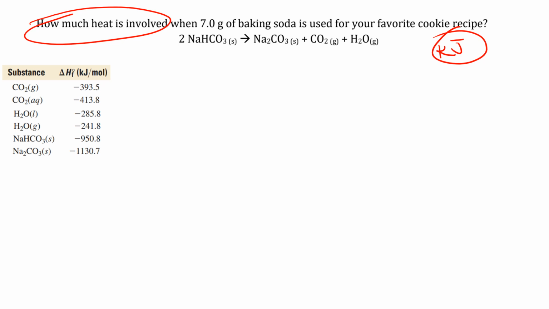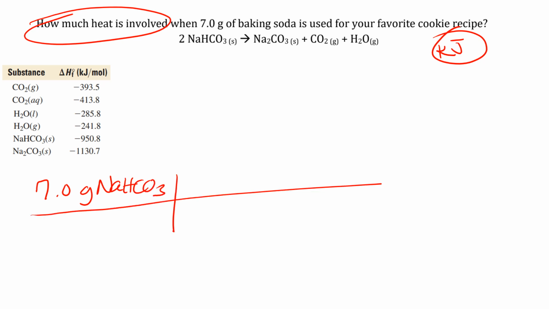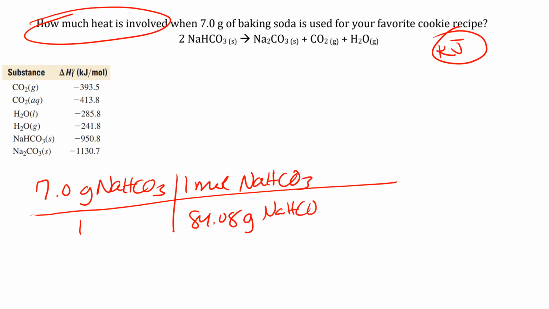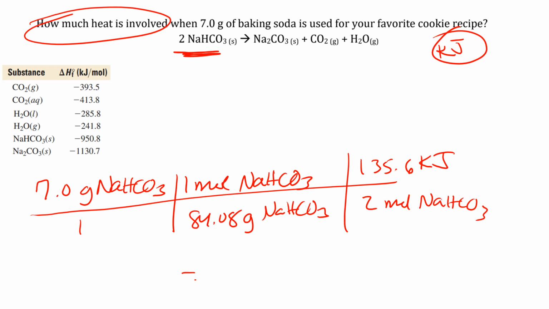So 7.0 grams of baking soda, the molar mass is approximately 84.08 grams of NaHCO3. This will be in moles. For this reaction, it's 135.6 kilojoules, but we're dealing with only the moles of baking soda, 2 moles of NaHCO3. Do my math, I will end up with 5.6 kilojoules for this.